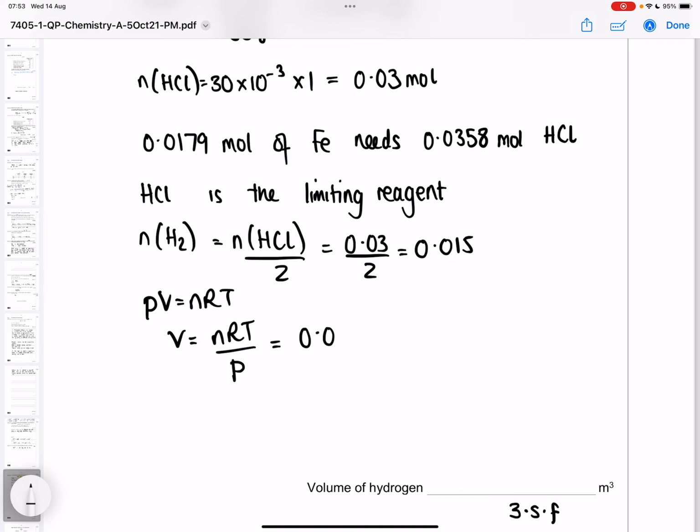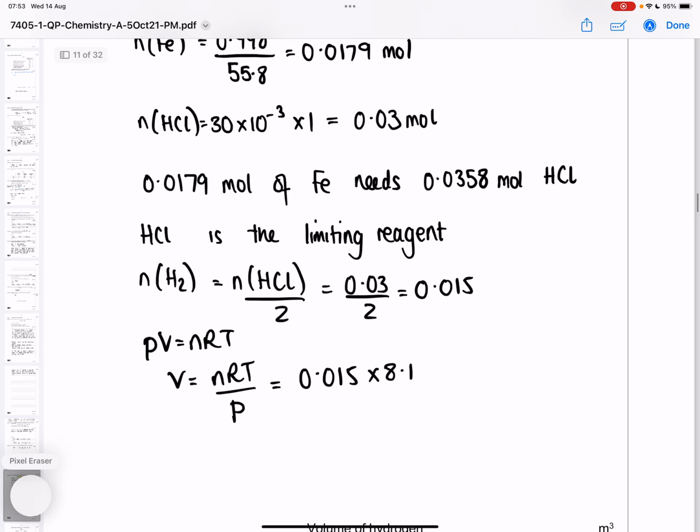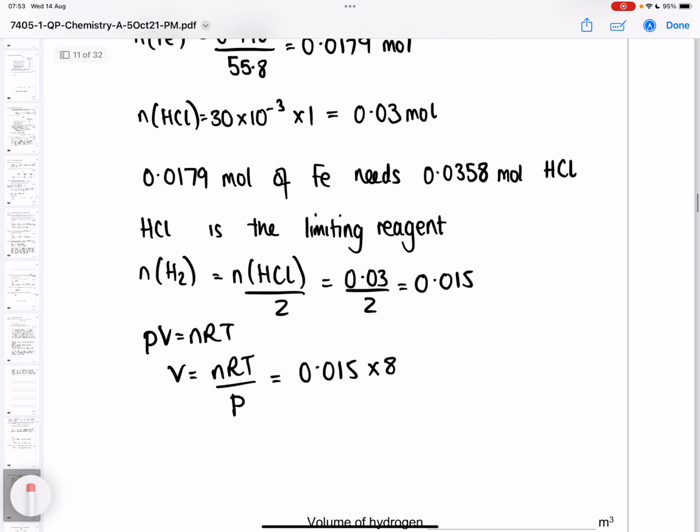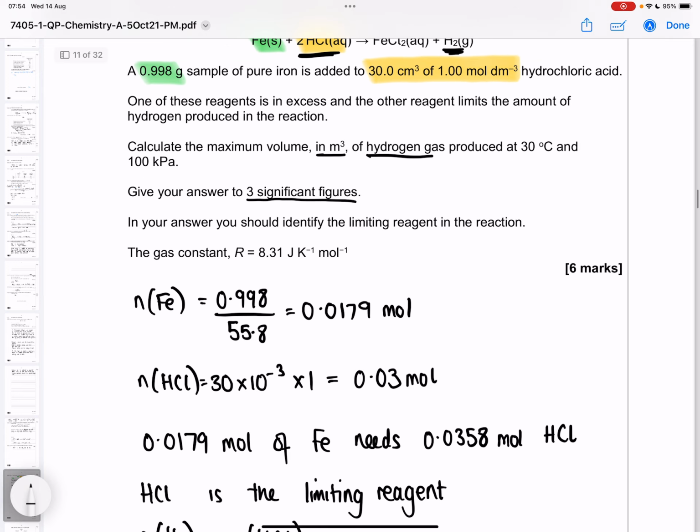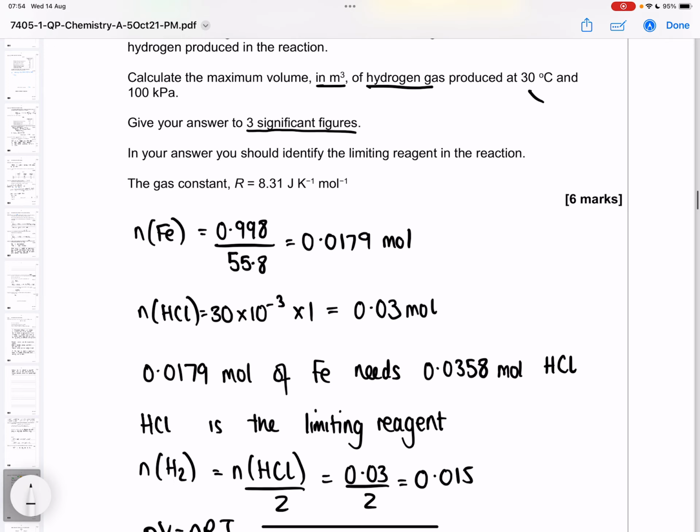So 0.015 times 8.31 times the temperature. So 30 degrees C is 303 Kelvin.